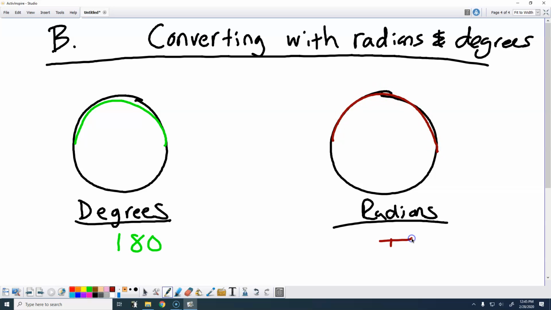It's pi. Okay? Now that I've shared that with you guys, here's what I want you to have locked in your mind. For every 180 degrees, that's pi radians. Or for every pi radians, that's 180 degrees. Now we could get kind of weird about it and say for every 1 radian, that's 57.29 degrees, but that's a weird conversion factor. So we're going to work with nice clean numbers, 180 and pi.